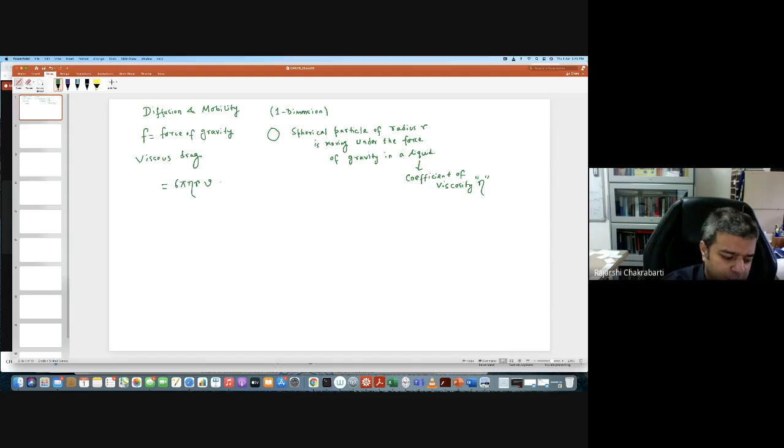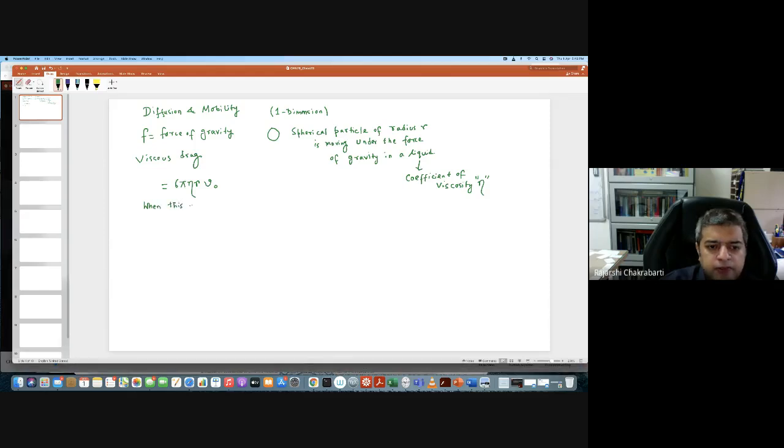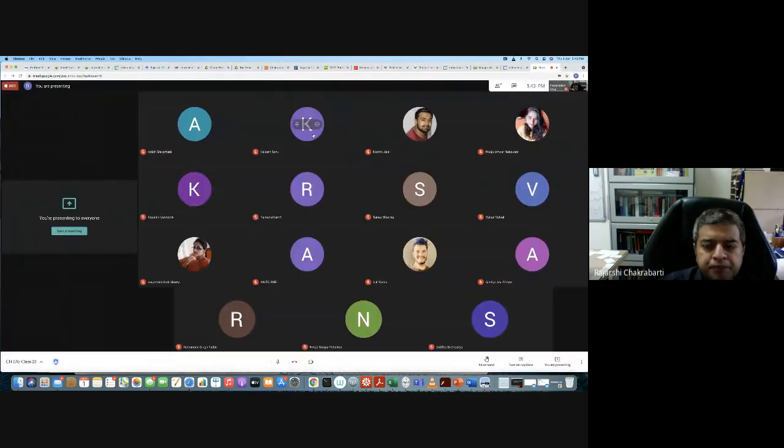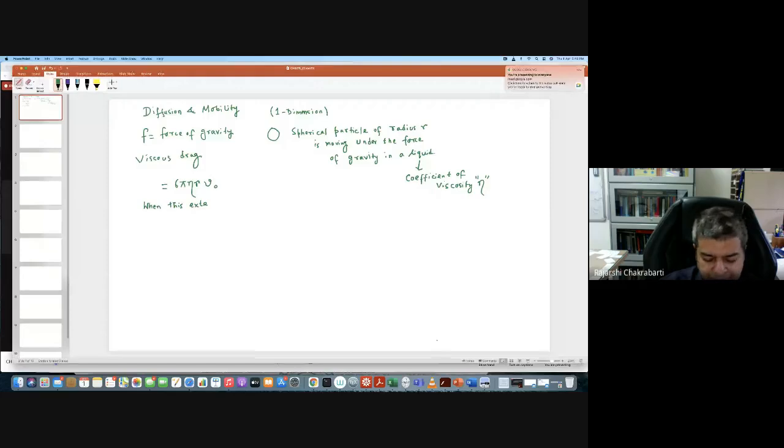We call it v0. Okay, and this is the viscous drag, and when this external force balances the viscous drag, then the particle moves with this velocity v0.